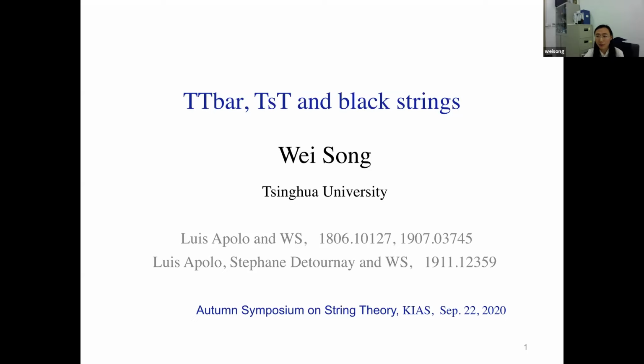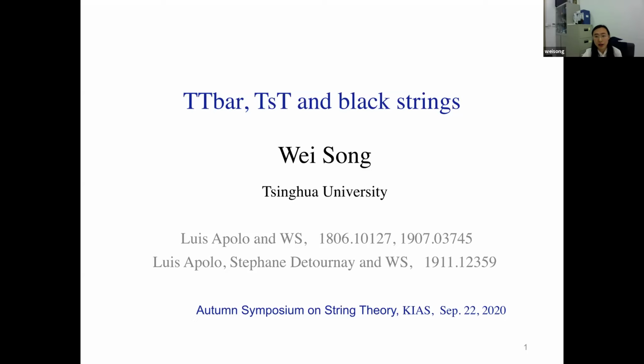However, we don't really live in asymptotically AdS space, and to understand quantum gravity in our real world, it seems important to understand holography for example in Minkowski space, de Sitter space, and Kerr black holes. So today, I will describe a toy model for holography whose bulk geometry is asymptotically flat.